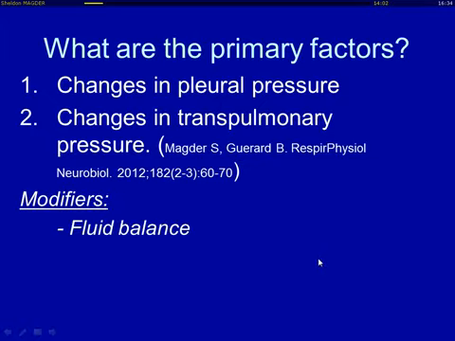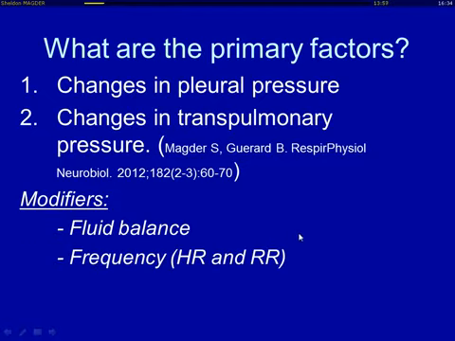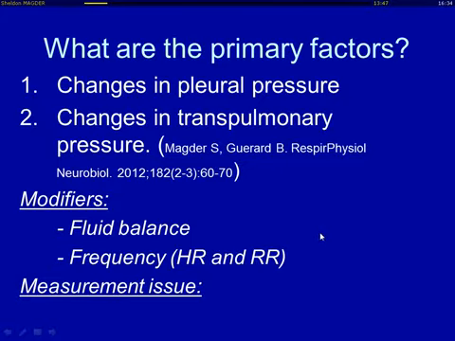Now there's modifiers, and Michael also mentioned the importance of volume, so fluid balance becomes important. Another variable we have to think about is frequency in both heart rate and respiratory rate, because we have two time-varying functions that are interfering. And then there's some measurement issues that can get us into big trouble if we don't pay attention to these. And that's the importance of transmural pressure.